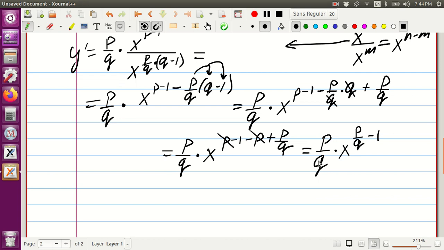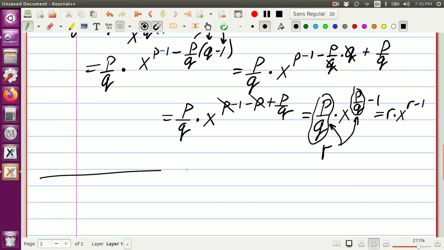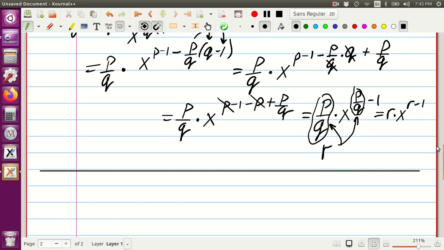But let's remember that p over q is actually our r, and this p over q is also r. So finally we have r times x to the r minus 1, which completes the proof. So we proved this expression.